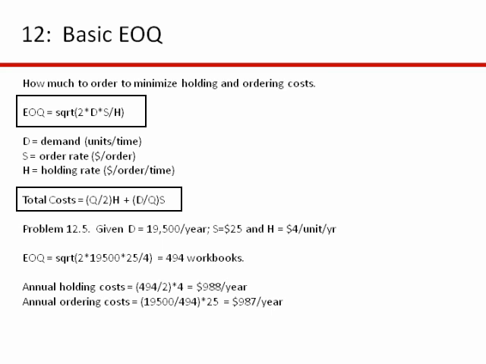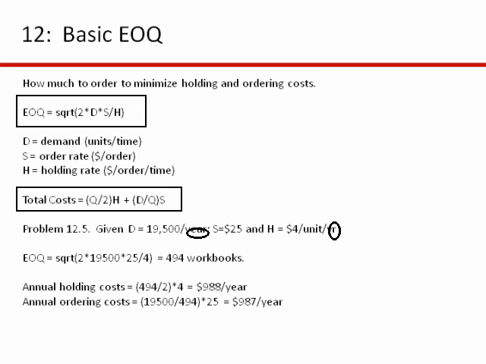Now, one thing I will caution you about is that demand has a time unit on it, as well as the inventory holding costs have a time unit on it. These time units have to balance or be equal to each other in order to use this EOQ formula.